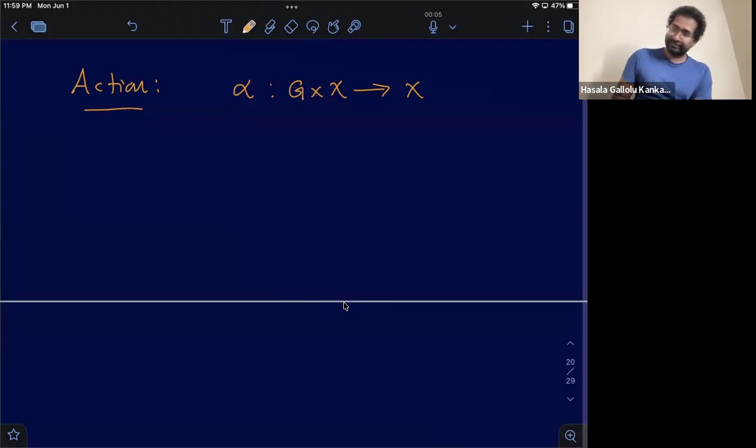One can view this action as just associating two values. You take the element G from the group and the element X from the set X, and you map the pair to something.